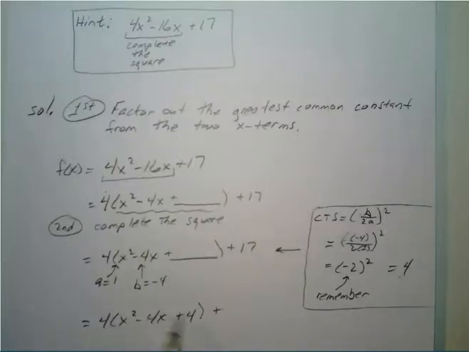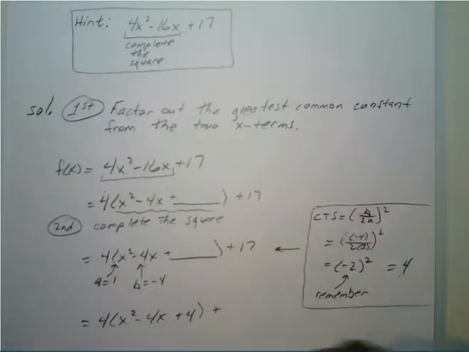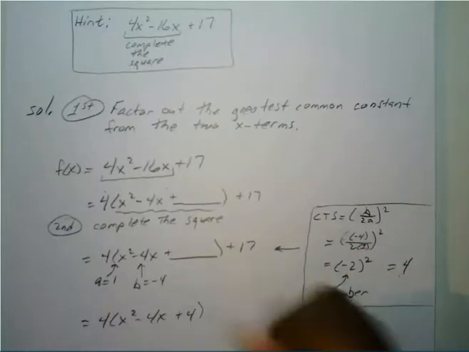So if we distributed this 4 here, this would be 16. So we'd have 4x squared minus 16x plus 16. So we can't have that. To balance it out, you have to subtract 16.